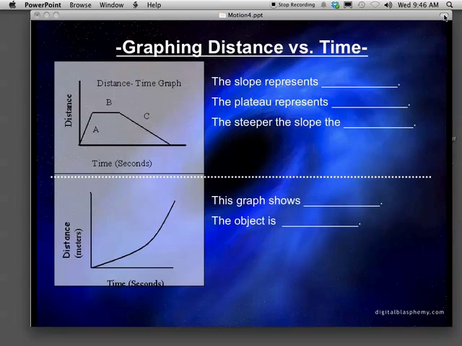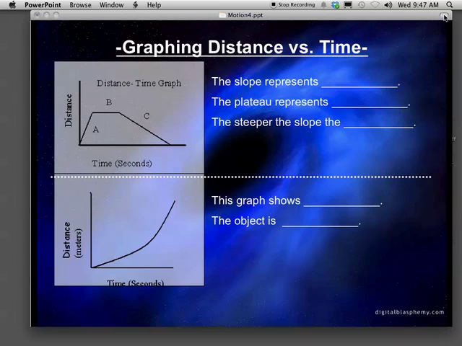So, what does this section A represent? What's happening at A? Habib? Change in speed? Nicholas? Increase of distance. Okay, so its distance is increasing over a period of time, which means the object is moving.